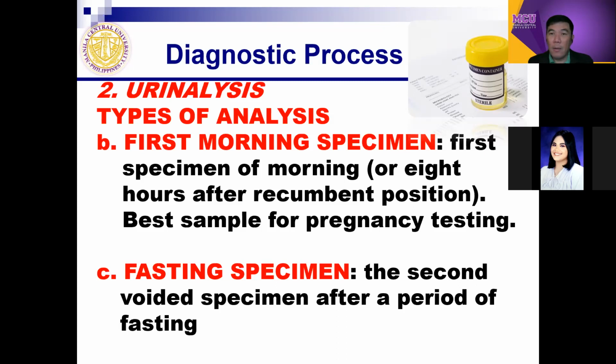So make sure, because if, for example, after the fasting the client voids and you collect that urine, it's not the sample that we need. It's supposedly from the first pass of the urine after the fasting. Then the second pass of the voided specimen will be the one used for the fasting specimen.